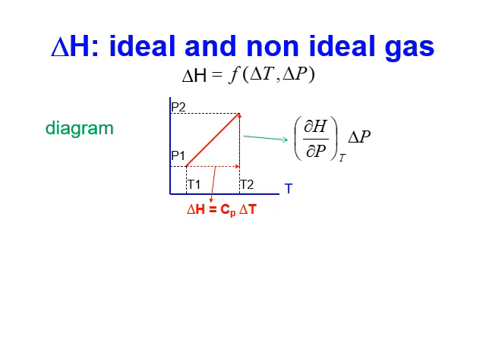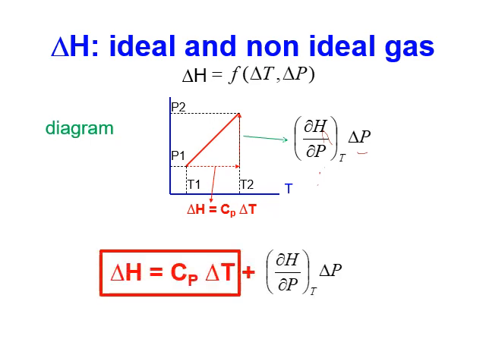For constant temperature, for a pressure change, the enthalpy change in calculus can be written as the enthalpy derivative with respect to pressure times delta P. So the total enthalpy change is two steps: constant pressure Cp delta T, plus constant temperature, which is the enthalpy derivative of pressure under constant temperature.